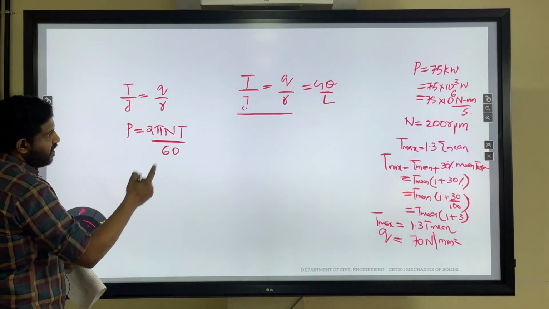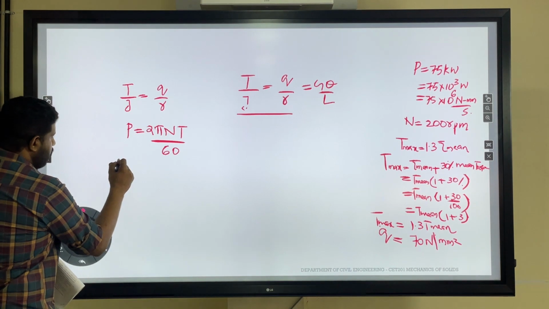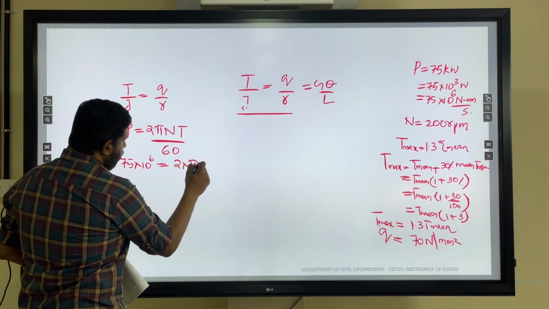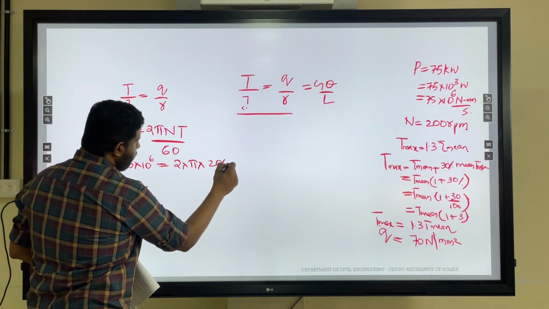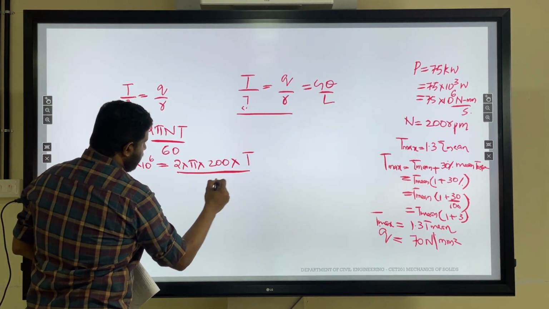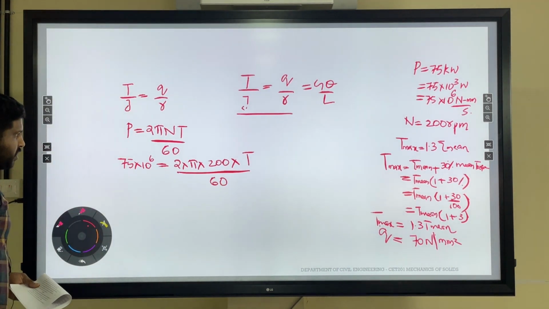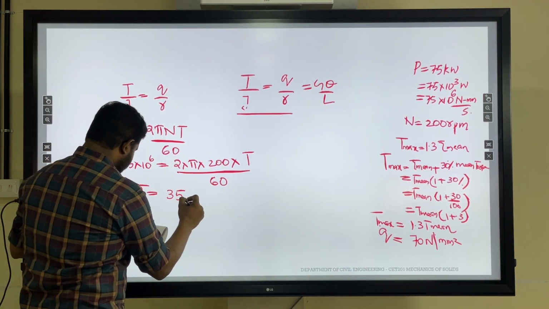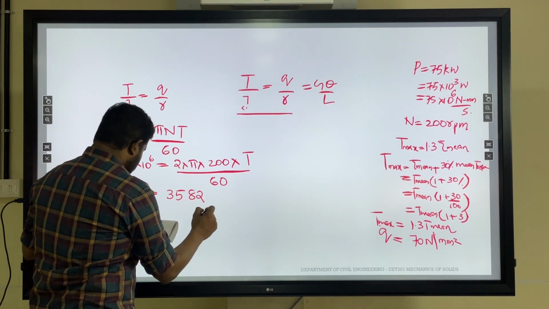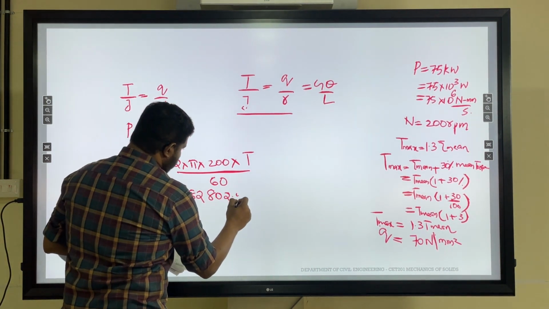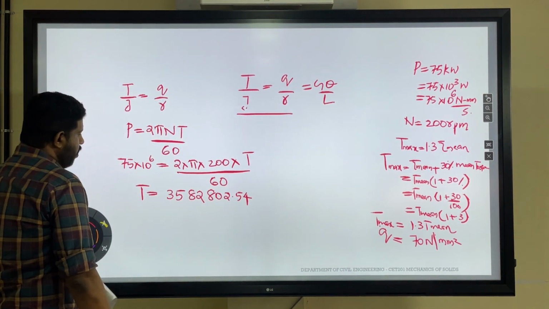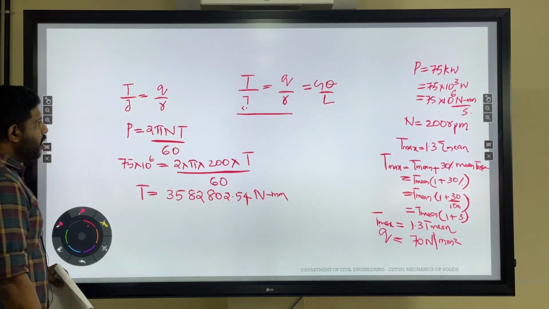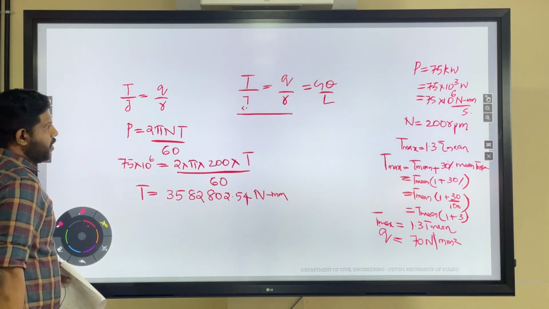Here the power is given as 75 kilowatt, which is equal to 75 into 10 raised to 6 equal to 2 into pi into RPM, it is given as 200, into T, that has to be calculated, divided by 60. On solving this equation, we will be getting the value for T as 35802.54. Okay, this is the value of torsional moment and it is given in unit Newton mm. So now we have the value for T. Next we have to calculate the value for J.